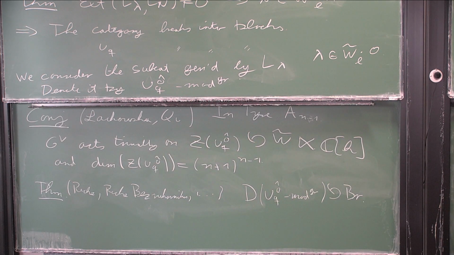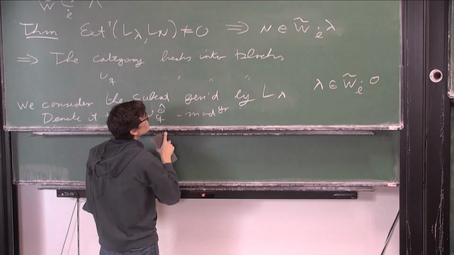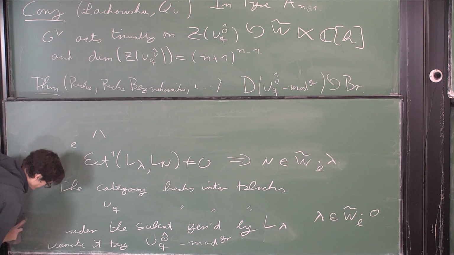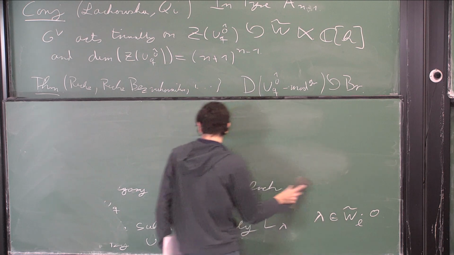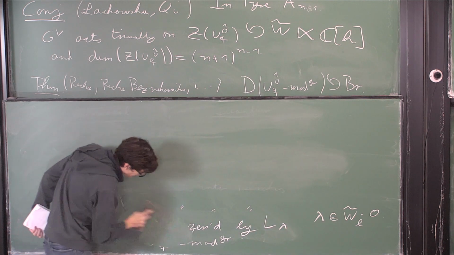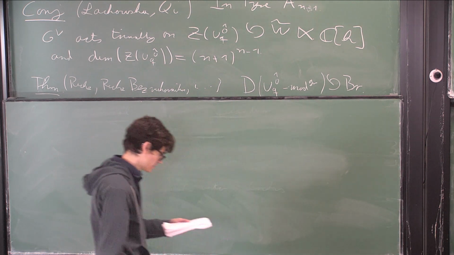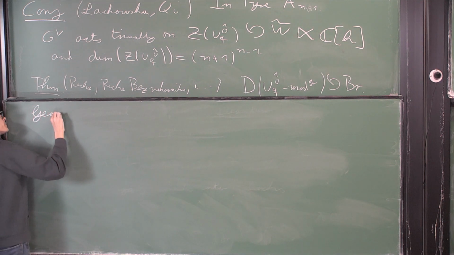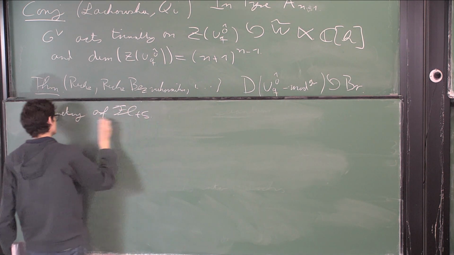So let me say a few things about this particular variety. What does this variety look like? So, first thing is, as I said, it's some finite dimensional guy, and in fact it is the same dimension as the finite flag variety. Let me just say something about the geometry of FLTS.